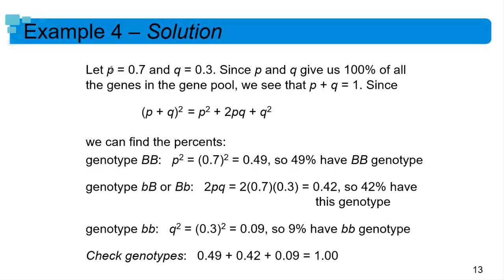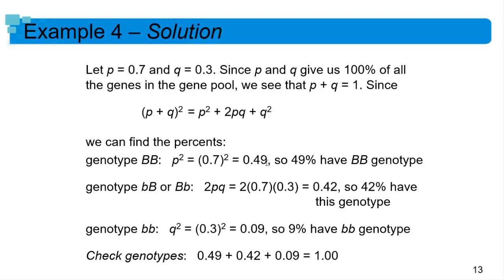Okay, well, if we let P be 0.7 and Q be 0.3, because those are the two probabilities, right? We had 70% of one gene and 30% of the other gene. And since P and Q give us that 100% total, we know that P plus Q has to equal 1. Since P plus Q squared equals all of this stuff, we can find the percents by just plugging them in.